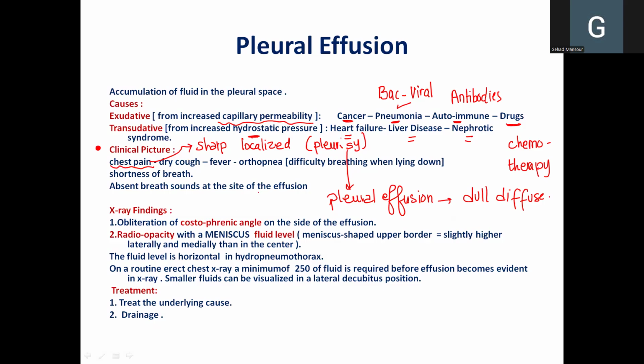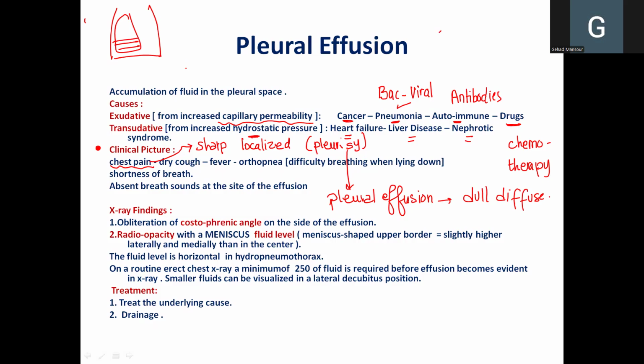Orthopnea means difficulty breathing only when you lie down because of the fluid, and the fluid moves as you move. If the patient is upright like this, the pleural fluid is at the bottom only.